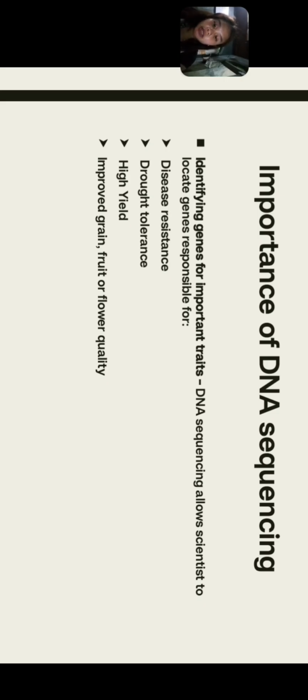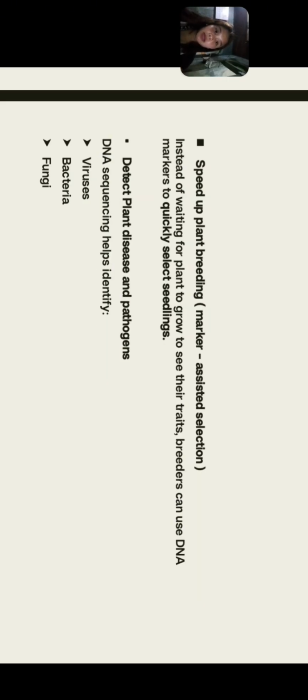Drought tolerance helps plants survive with little water. High yield helps plants produce more food. Better quality of grains, fruits, or flowers means bigger, juicier, or more attractive. Speed up plant breeding.